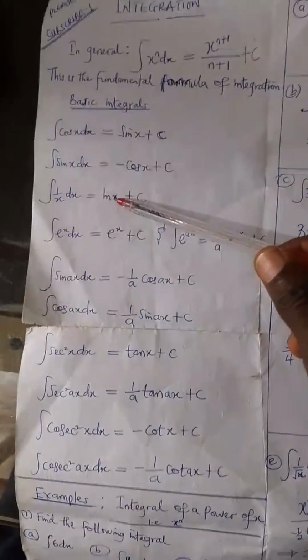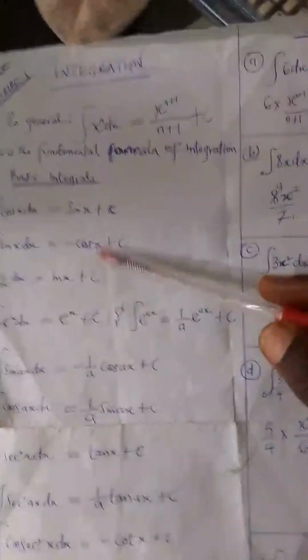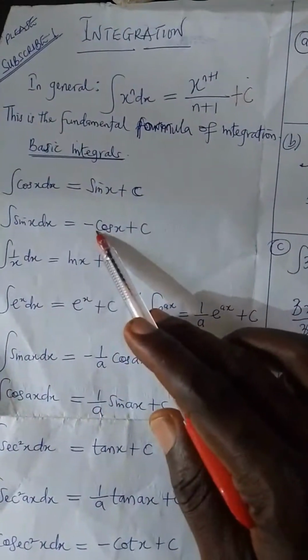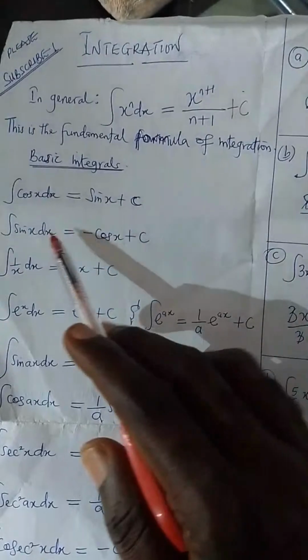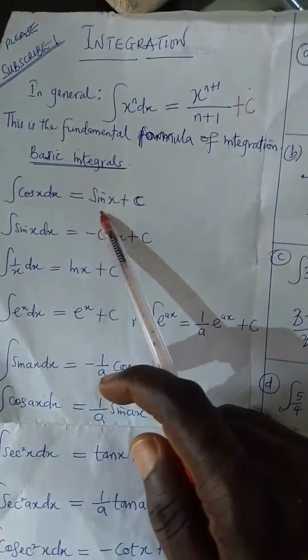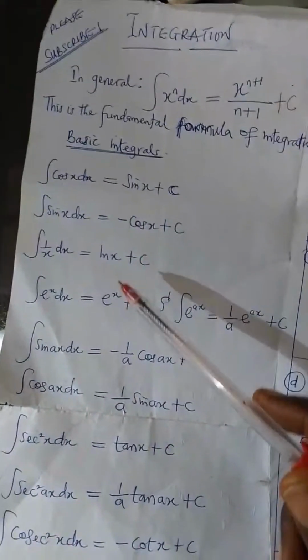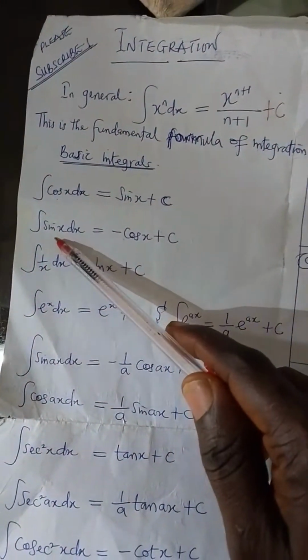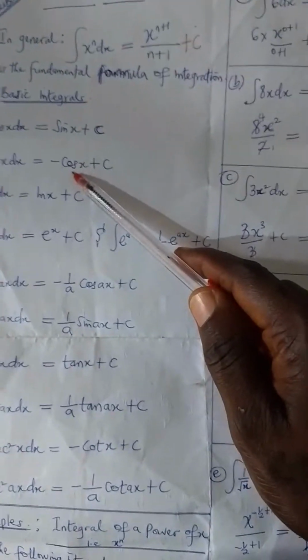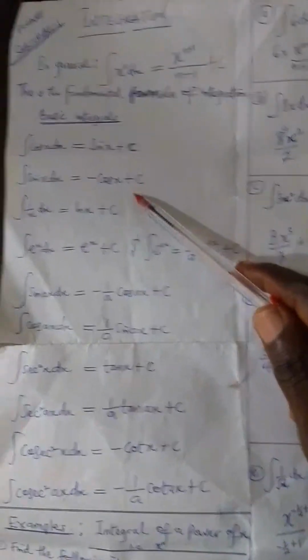So what does that mean? Student, anytime you are integrating sine x, you are going to have a negative cos. Anytime you are differentiating cos x, you are going to have a negative sign. So integral of sine x dx will give us minus cos x, then plus c.